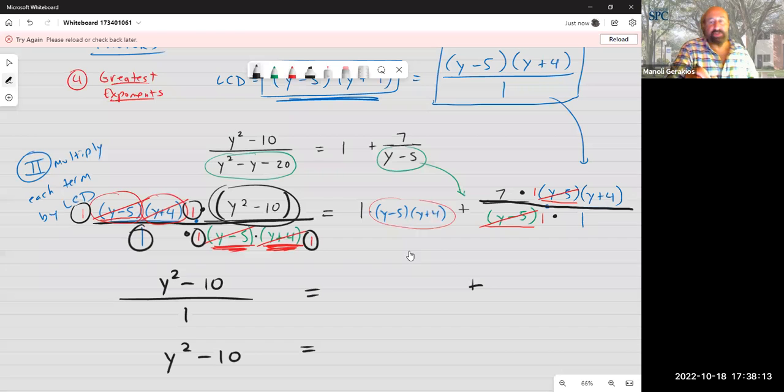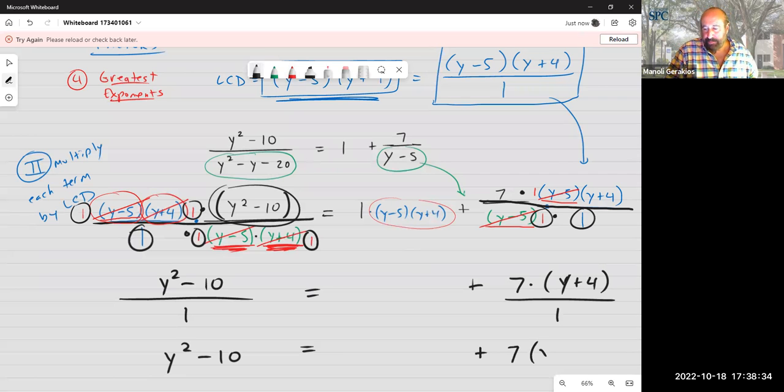Beautiful. All right, so what's left up there? We've got a 7 times the blue y plus 4. That's the remaining factor of the LCD, over 1 times 1, which is 1. Awesome. Over 1 goes away. I just wanted you to see the rational expressions go away.